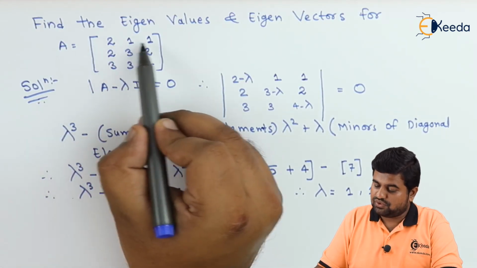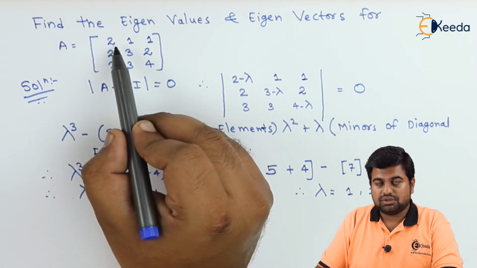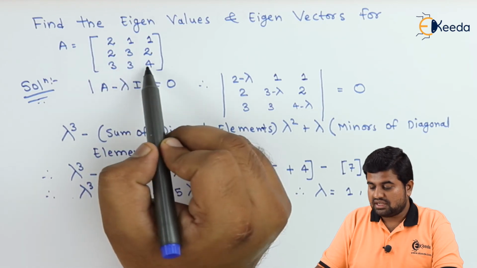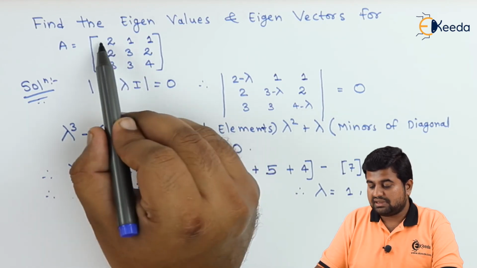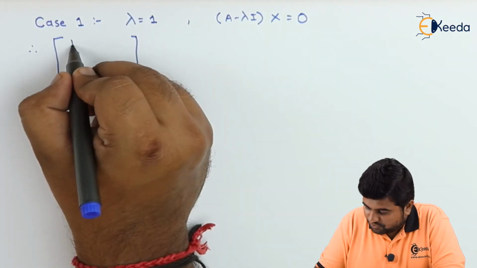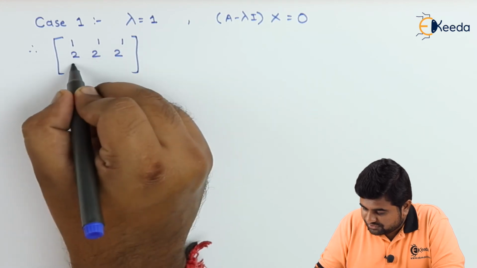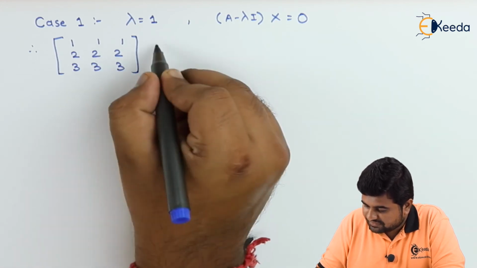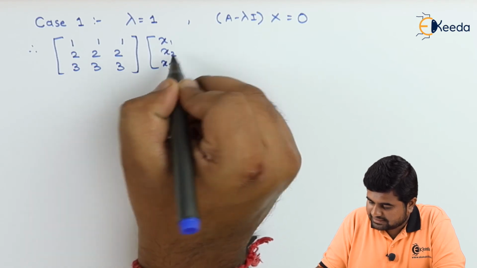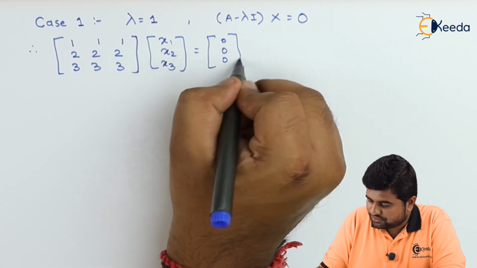Original matrix was 2, 1, 1, 2, 3, 2 and 3, 3, 4. So I am going to subtract 2 minus 1 as 1, 3 minus 1 as 2 and 4 minus 1 as 3. So I will be getting 1, 1, 1, 2, 2, 2 and 3, 3, 3 into x1, x2 and x3 equal to 0, 0 and 0.